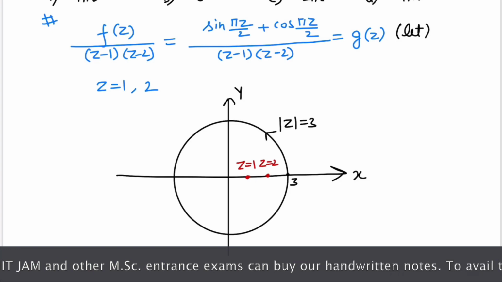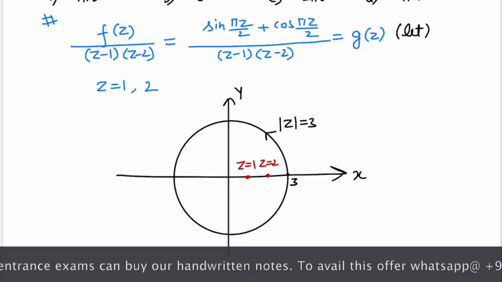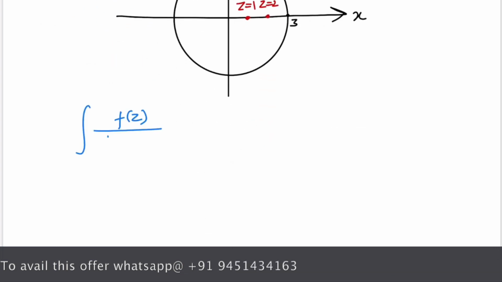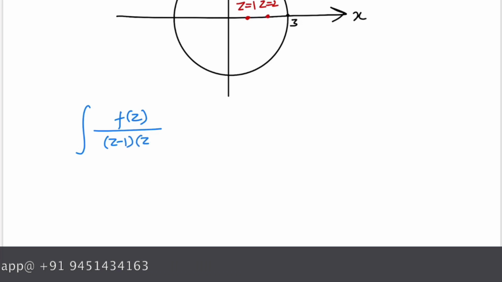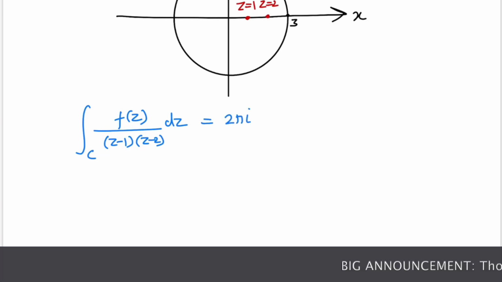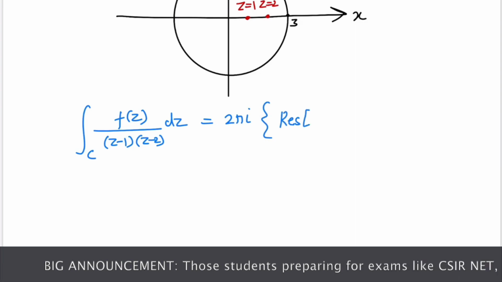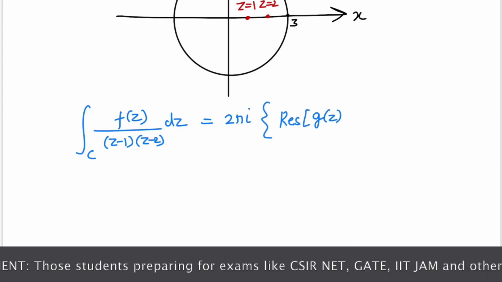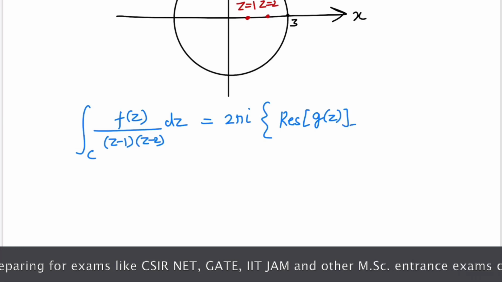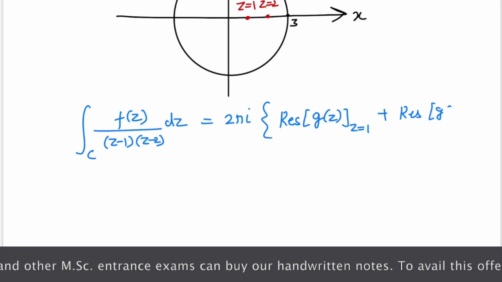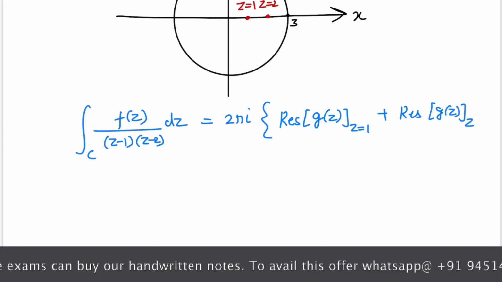Okay. So from Cauchy's residue theorem, integration of f of z over z minus 1 into z minus 2 inside this contour C, it will be 2 pi iota into residue of function g of z at point z equals to 1 plus residue of function g of z at point z equals to 2.